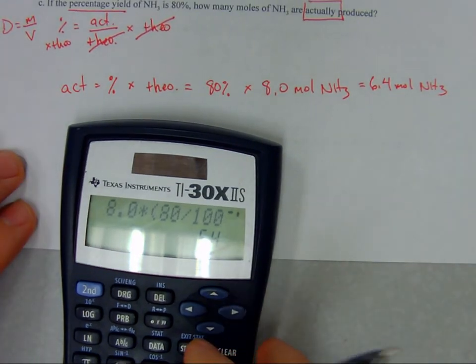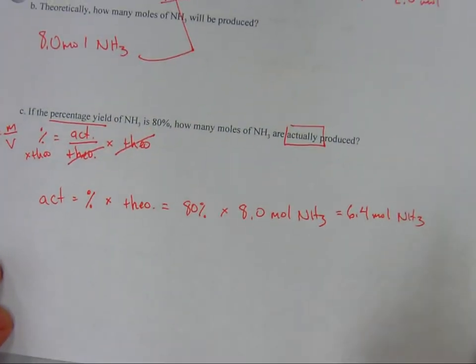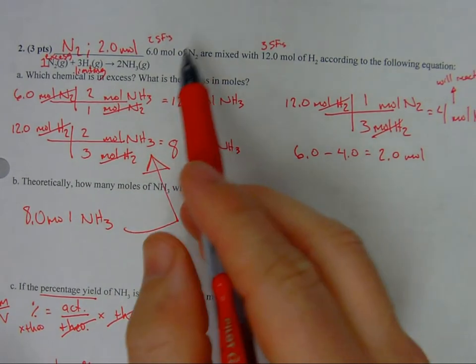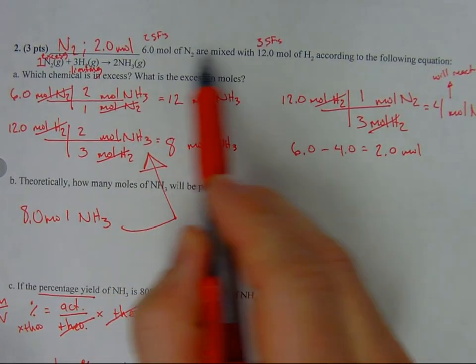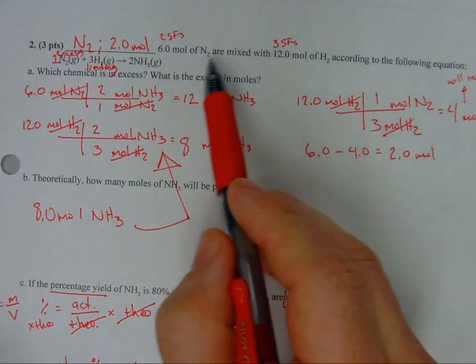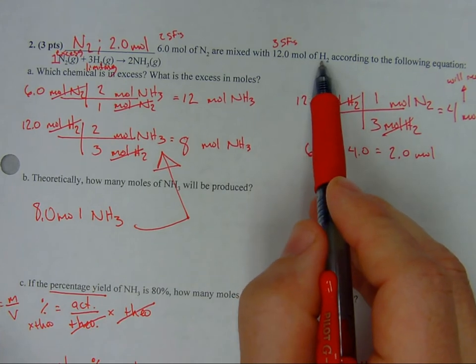Okay. Now, what this is telling me as a whole is that I'm mixing these two reactants together. Based on how much of each reactant I'm mixing together, the H2 is going to run out first.